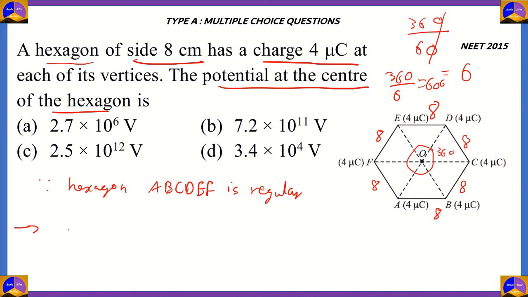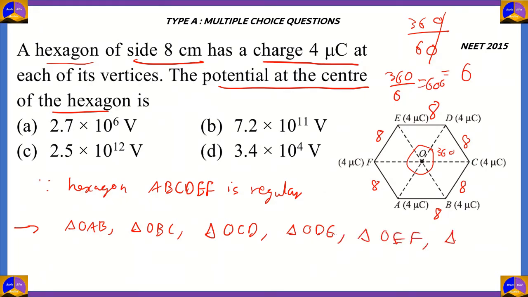An equilateral triangle. So therefore that means triangle OAB, triangle OBC, triangle OCD, triangle ODE, triangle OEF, triangle OFA, these are equilateral triangles in a hexagon that is regular.